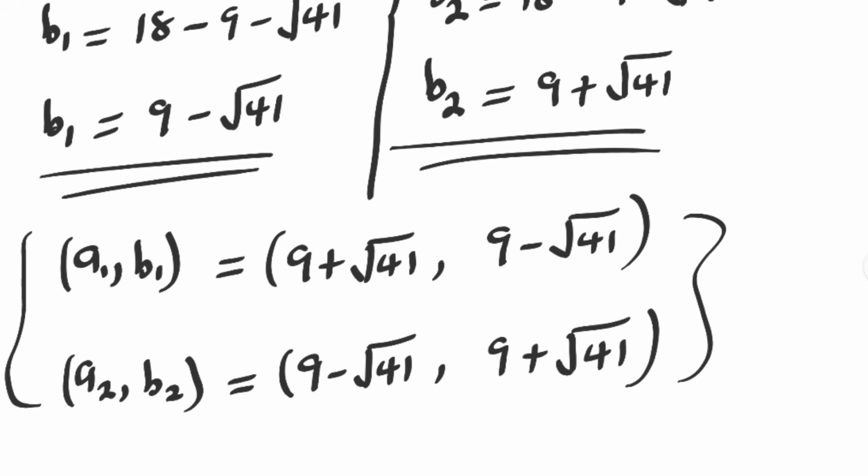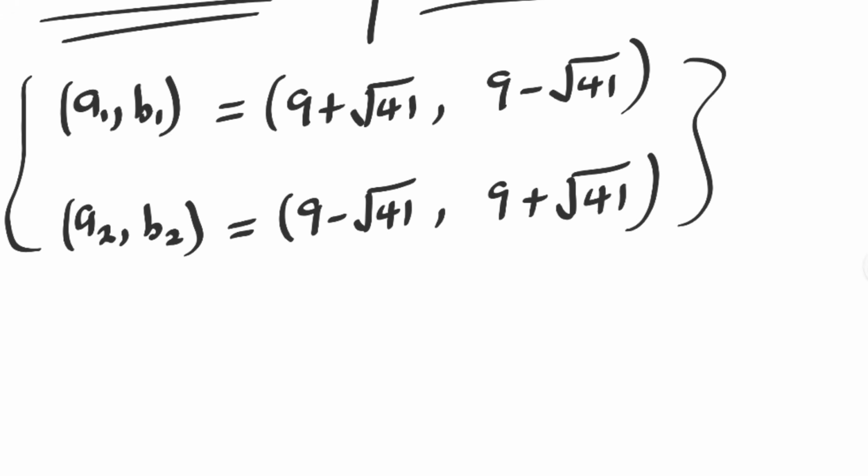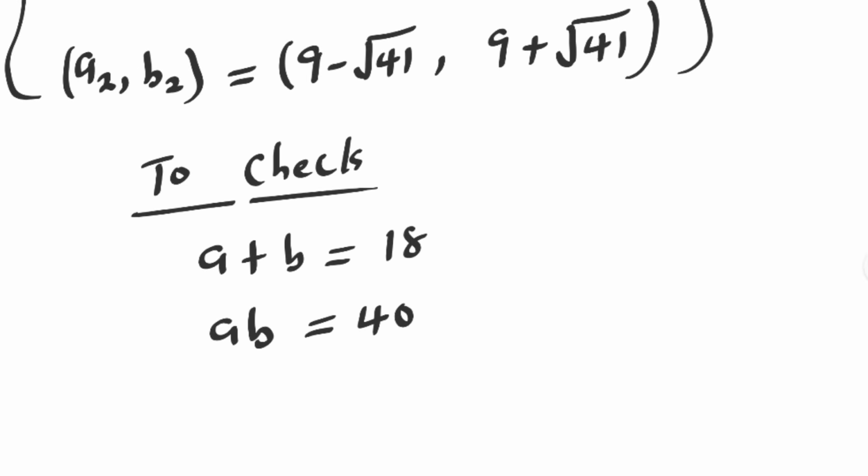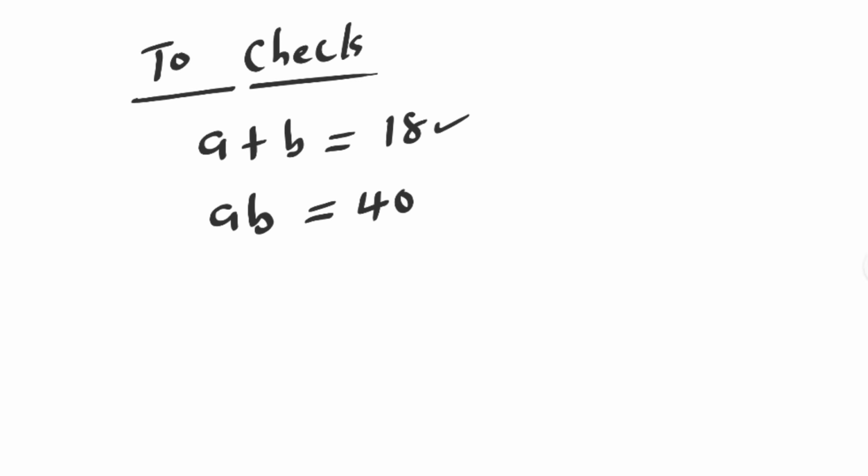We may check to confirm if this answer is right or wrong. Let's check. To check, the given equation: A plus B is equal to 18, AB is equal to 40. Let us consider this.